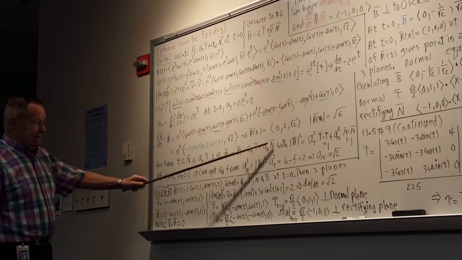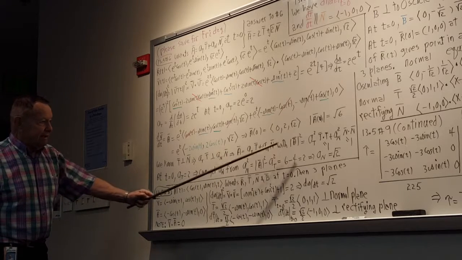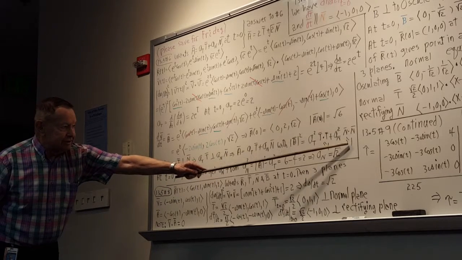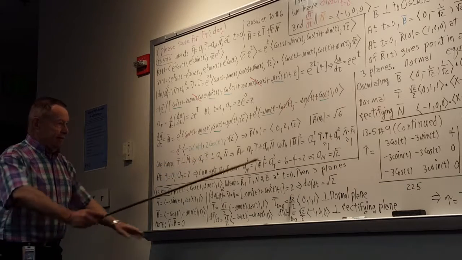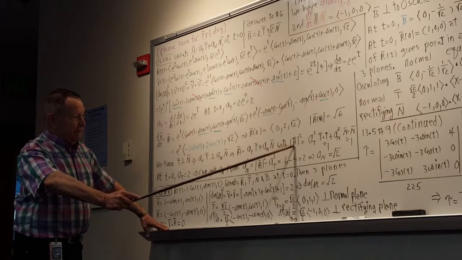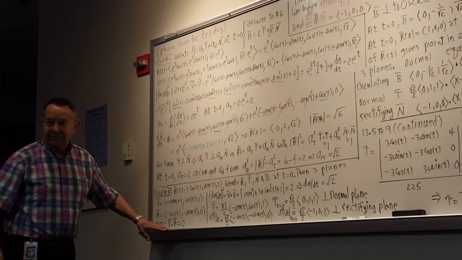T dot n is 0 because they're at right angles, and then you'd have n dot n, which is 1 because it's a unit vector. So you have squared magnitude is a sub t squared plus a sub n squared.